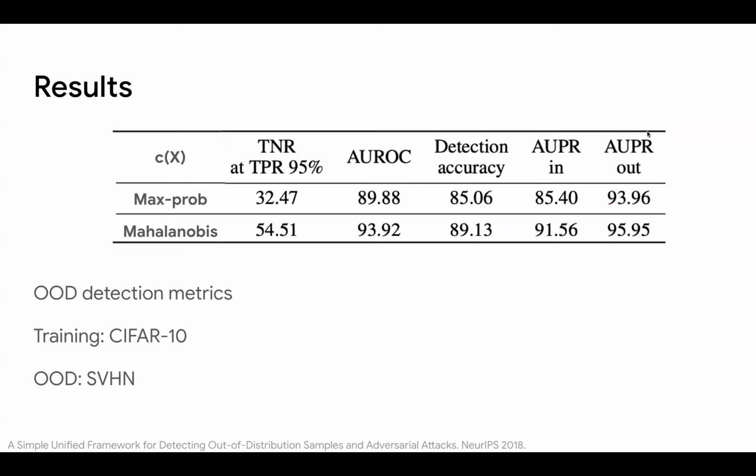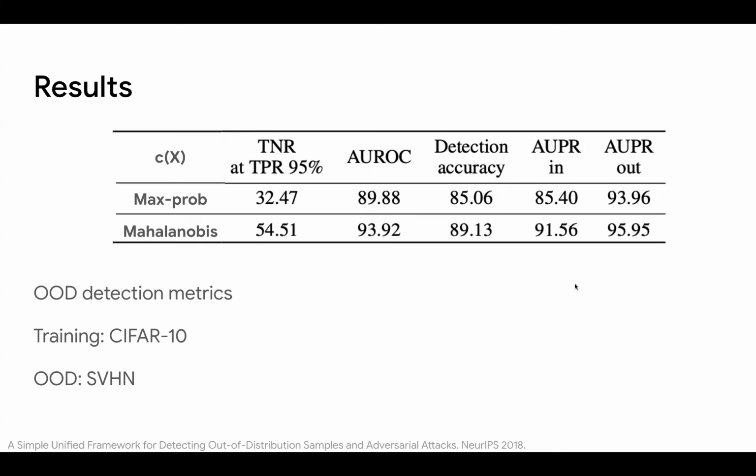So that's your confidence, and that's it. And then those people measure the OD detection performances, for example, this AUROC metric we talked about, right? So compared to max probability, Mahalanobis distance is doing a better job here.